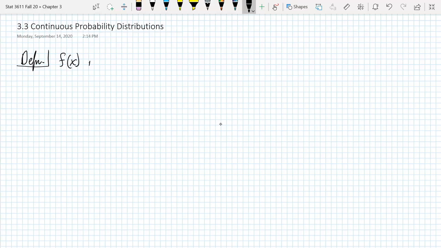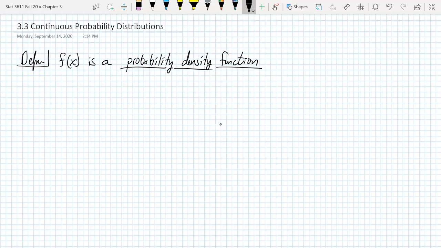f of x is a probability density function. So in the continuous case, we have a probability density function. This is the analog of a PMF in the discrete case, but in continuous, we say it's probability density, abbreviated PDF.